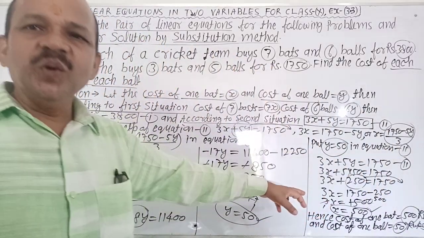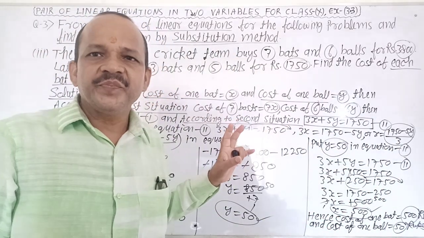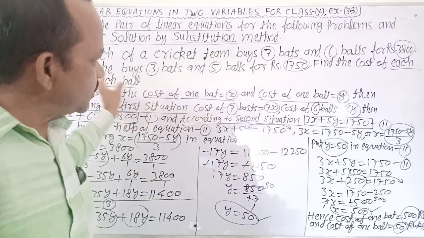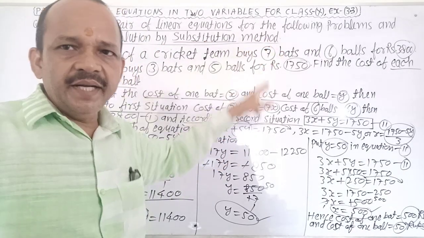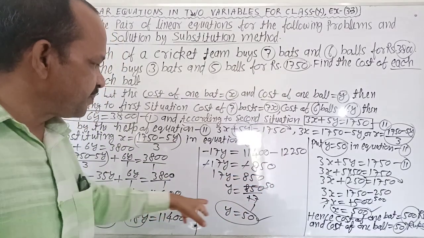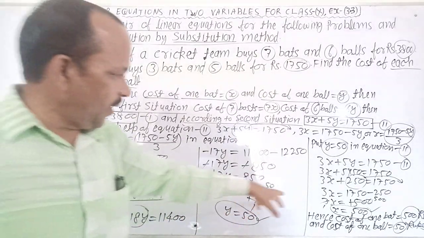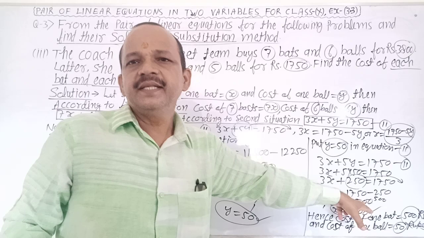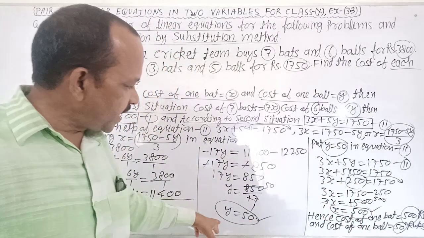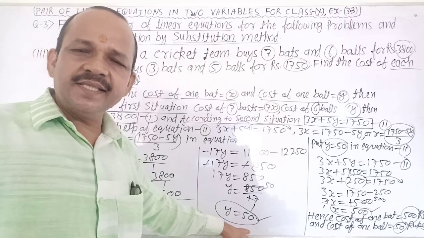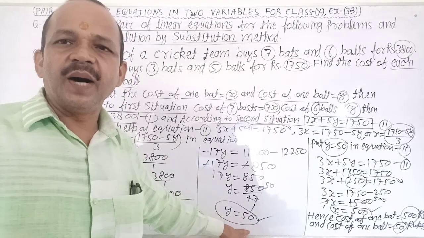You find your answer very easily. You solve your question by the substitution method and you find the value of x and y. Value of x equal to 500, it is the cost of 1 byte. You find the value of y equal to 50, it is the cost of 1 ball.